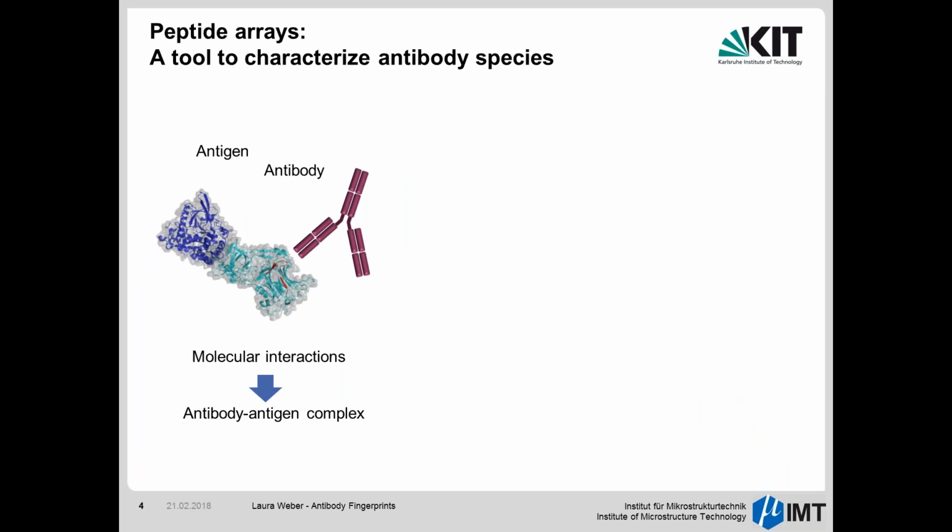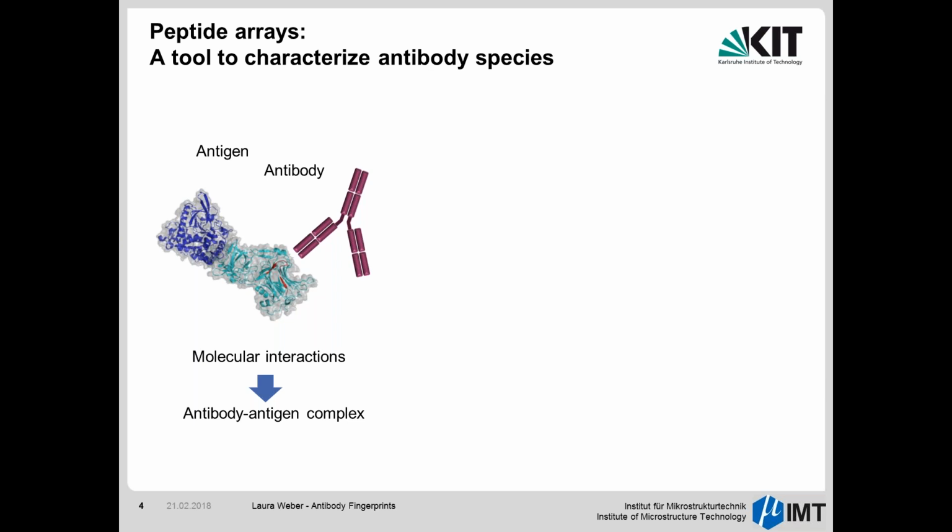To investigate antibody specificities, we must look at the antigen-antibody complex. Antibodies bind to the antigen, simplified, according to the key-lock principle. If the structure fits very closely together, molecular interactions come into effect. Therefore, antibodies can be identified via the binding site which they recognize on an antigen. The antibodies only interact with a small part of the complex antigens.